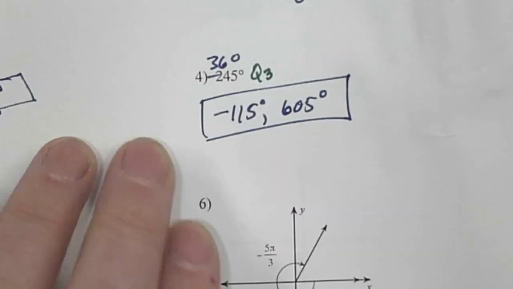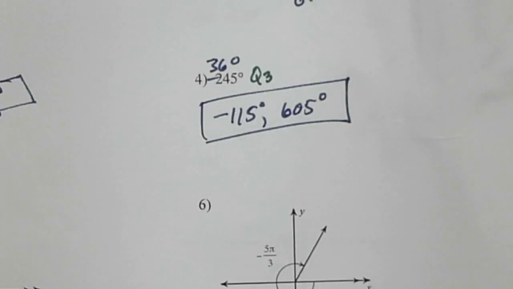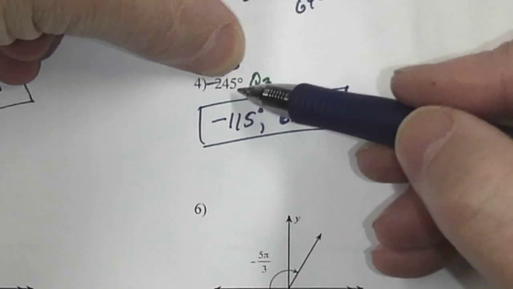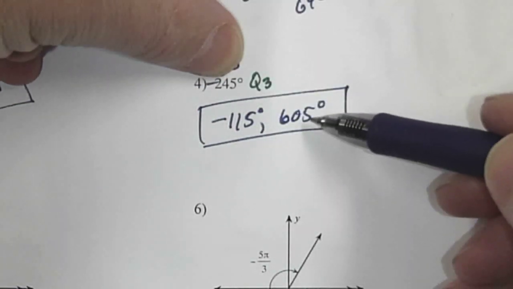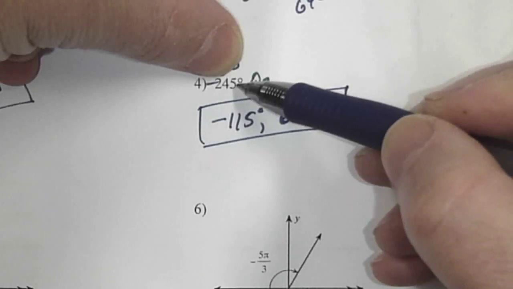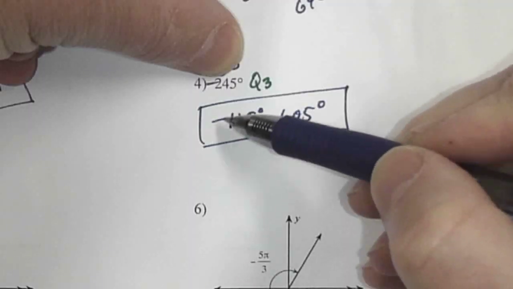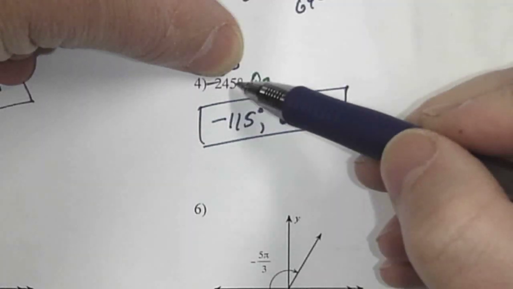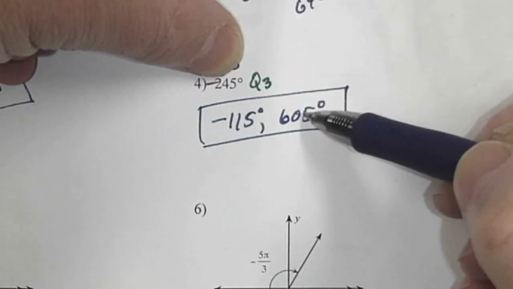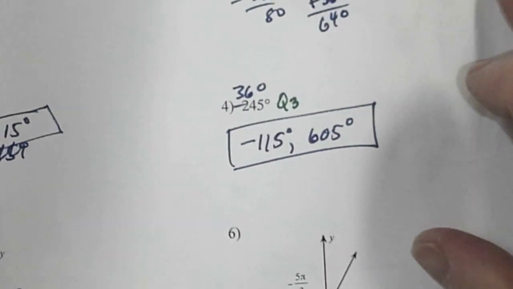So two coterminals. You always have one of the three angles, the angle you start with and the two you write down. You will always have one negative, one positive, that add up to 360 if you get rid of the negative. And then you will always have a 360 plus the positive, and that's a second.